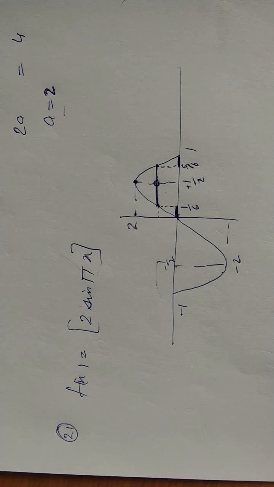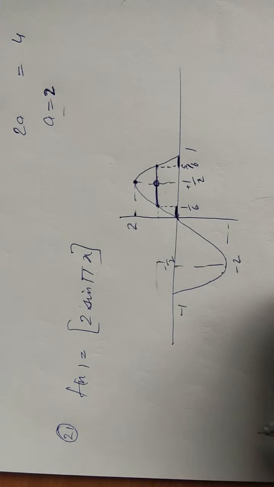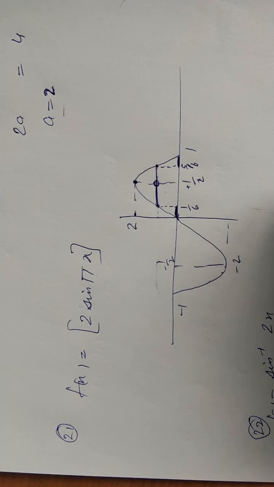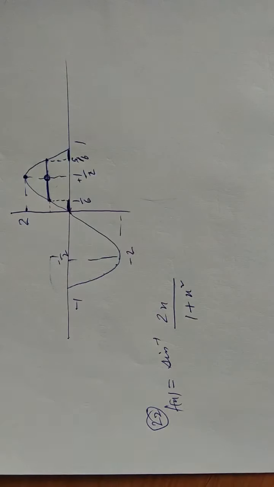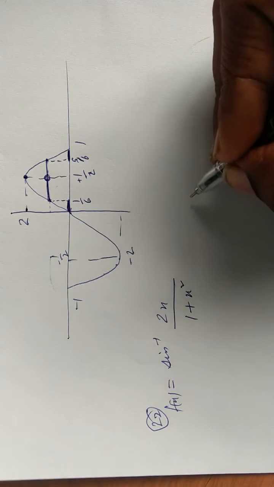Okay, moving on to the next question, question number 22. The question says the function f(x) = sin inverse (2x upon 1 plus x square) is not differentiable at. So let's break the function.